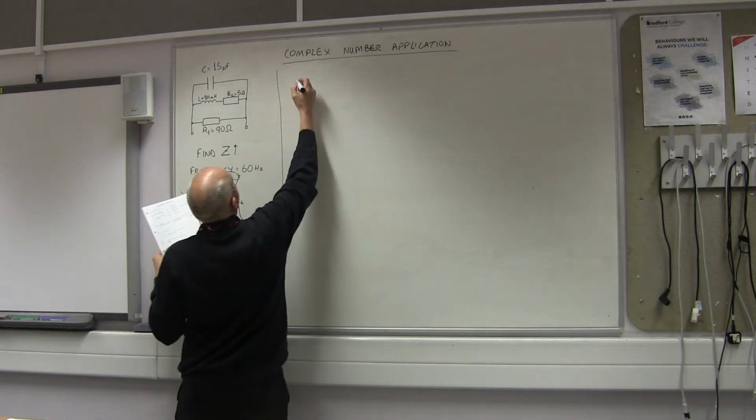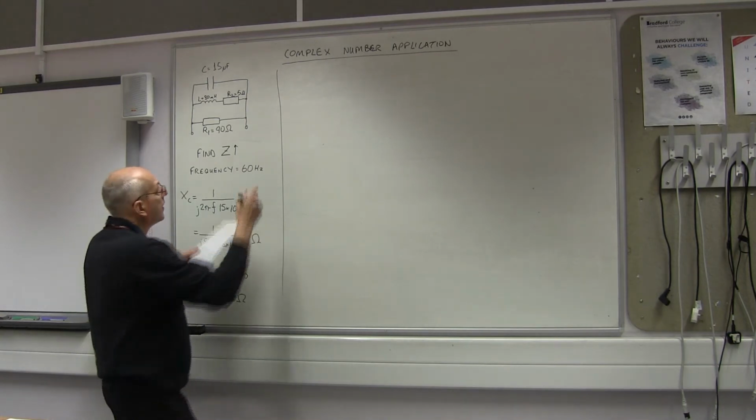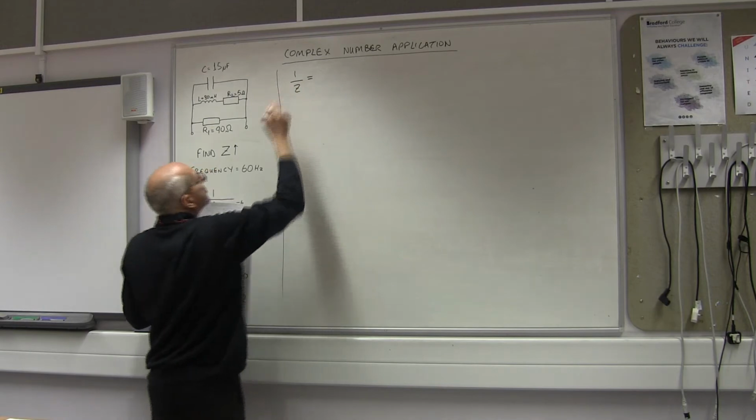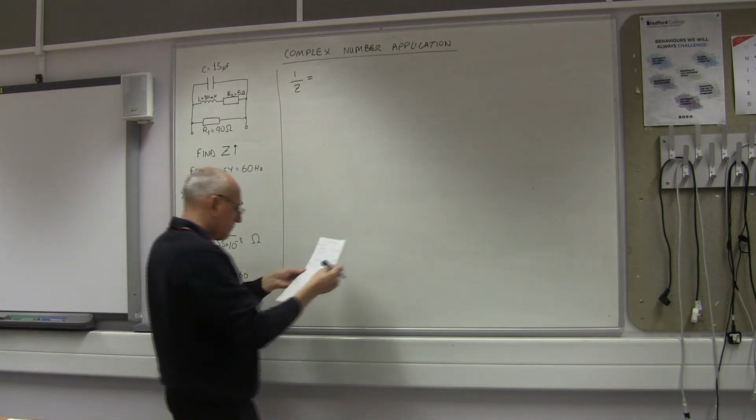So the circuit is like this. We're adding in parallel, so we've got to do the inverted adding method. By that I mean 1 over Z. So I'd have to invert my final answer when we get there.